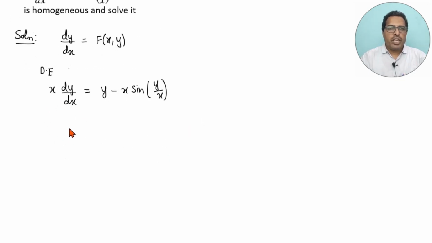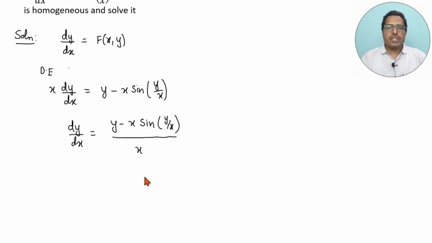Cross multiply this x on the other side, we get dy by dx is equal to y minus x into sine of y by x, it is whole divided by x. Now you can split this one and divide each of the terms by x.